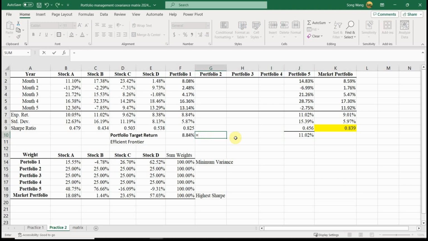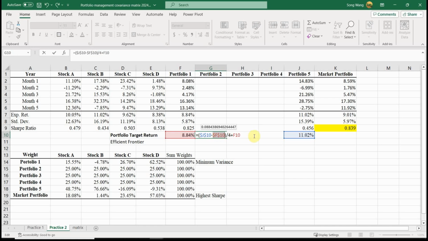So I'm using the difference, which is the highest return in the portfolio world for the 4 stocks minus the lowest, divided by 4. That's the increment each time from portfolio 1 to 2, or from 2 to 3, or from 3 to 4, plus the previous return. And the increment should be the same.